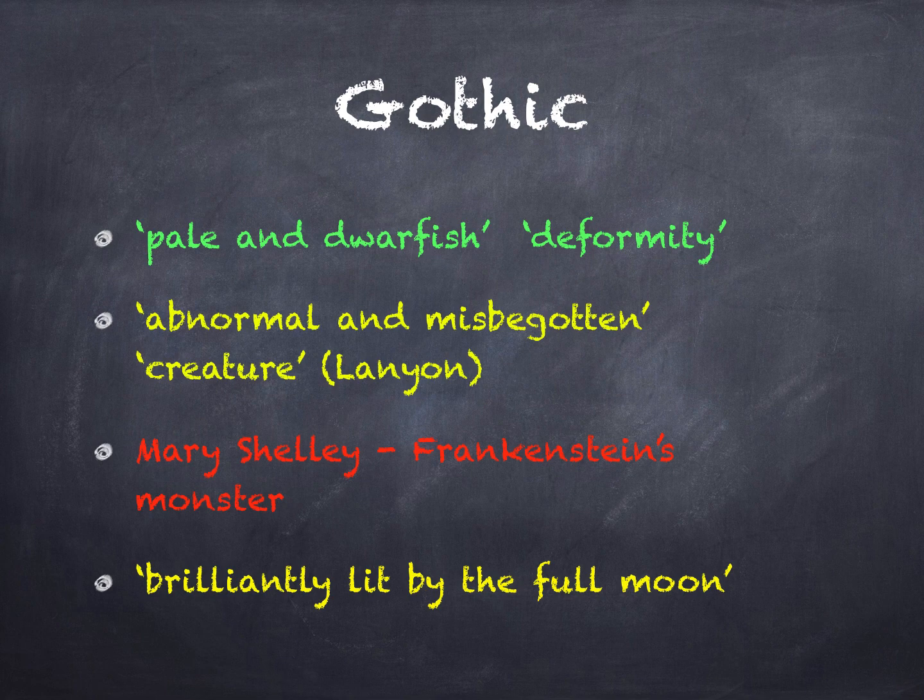Very famous Gothic novel, Mary Shelley's Frankenstein. In this novel, Shelley's monster that she creates, Frankenstein's monster, is referred to repeatedly as the creature. So there is a kind of direct link there. Creature is used as describing something that's not quite human, going back to our troglodytic from earlier on.